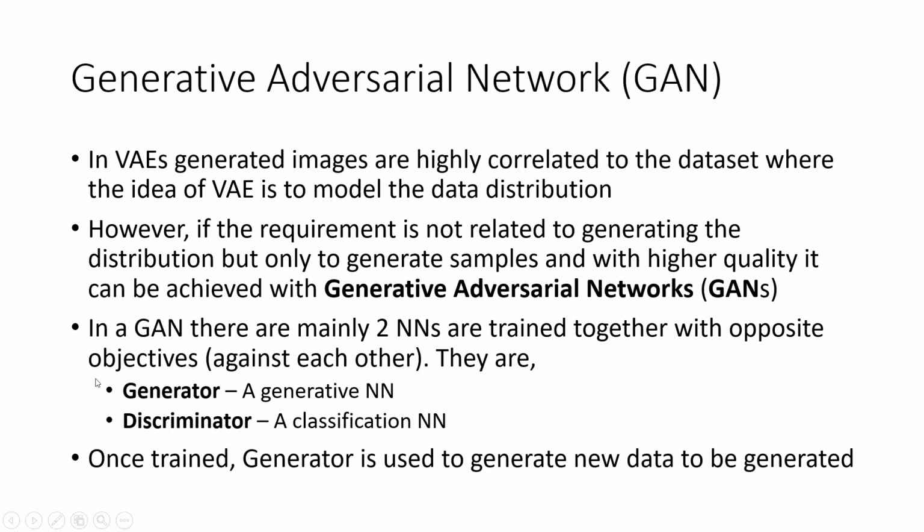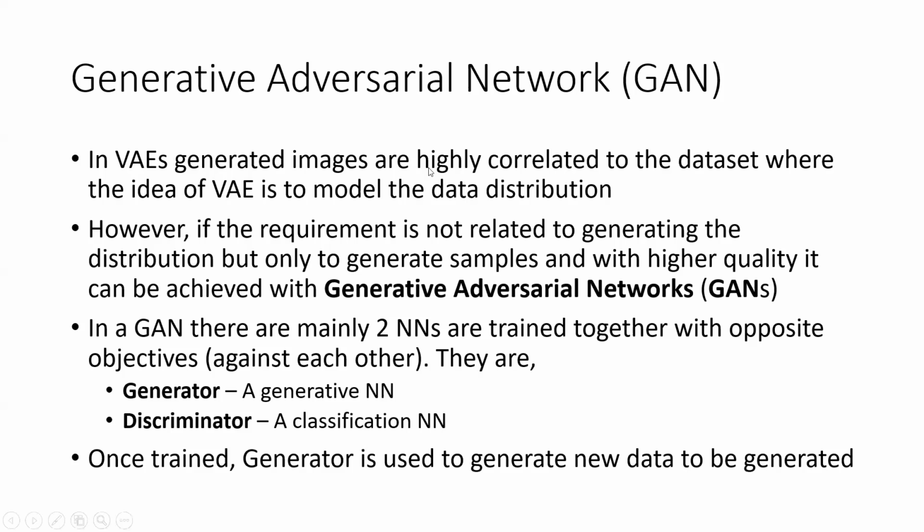The generator is trying to generate images that are not distinguishable from the real images. That means the generator is trying to fool the discriminator and generate very realistic images.